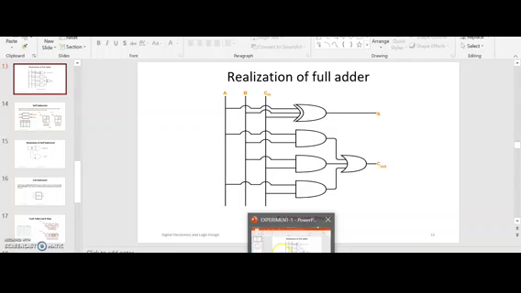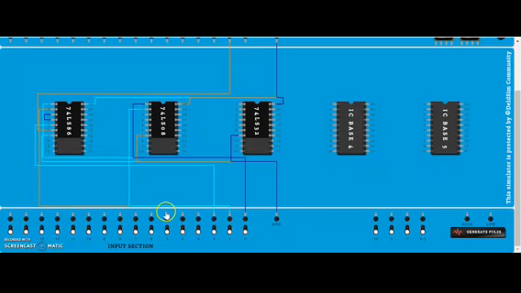Now the second AND gate is of B and C in. So this is B. This B will be connected to pin 4, and this C in will be connected to pin 5.